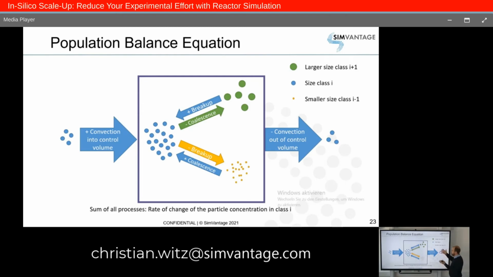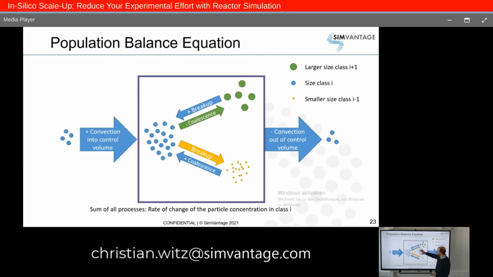For the explanation, I use here 3 size classes: in green a larger one, in blue the one we are looking at, and in yellow a smaller one. Now if you have a control volume like this box, you know how much convection you have into this control volume of particles of your size class, and how much convection goes out of your control volume.